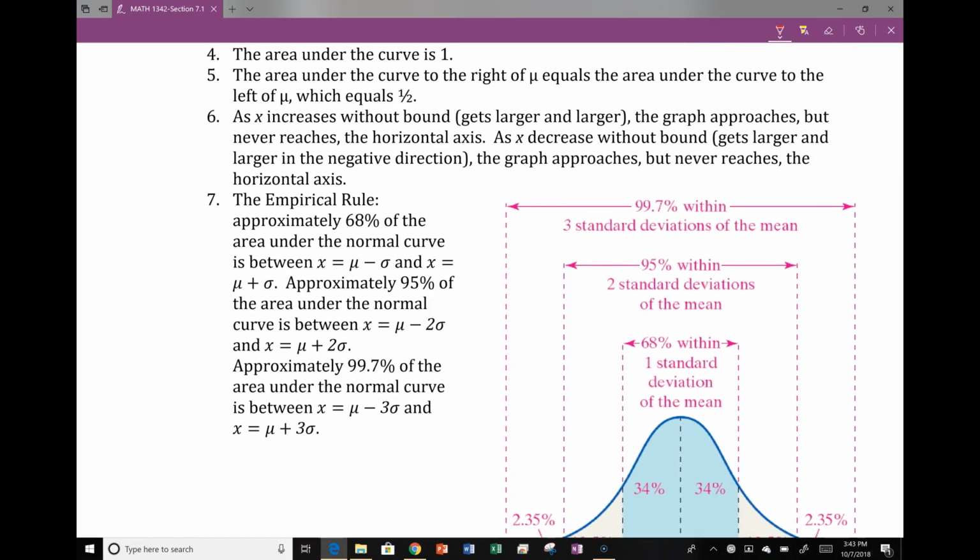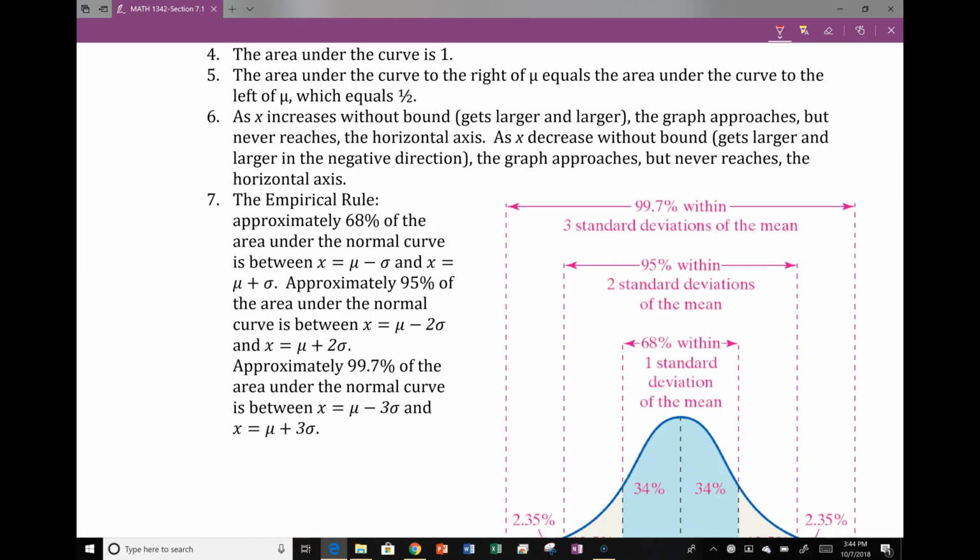Now the empirical rule, if you will recall, was used for bell-shaped data. Any bell-shaped data had the 68, 95, 99.7 rule, the empirical rule.